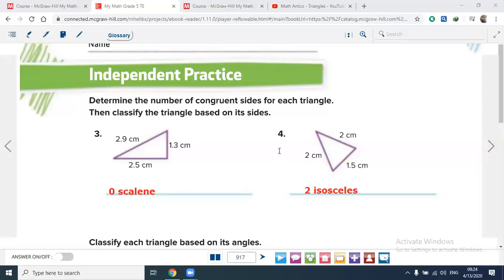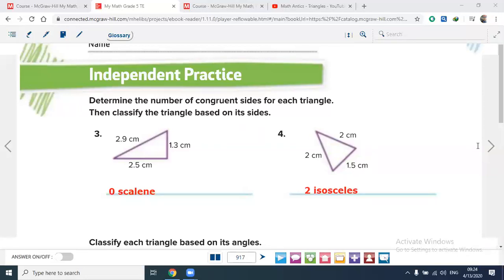Okay, next one. Classify each triangle. Have you done this? Be careful.